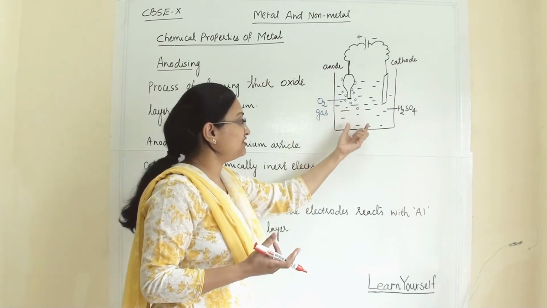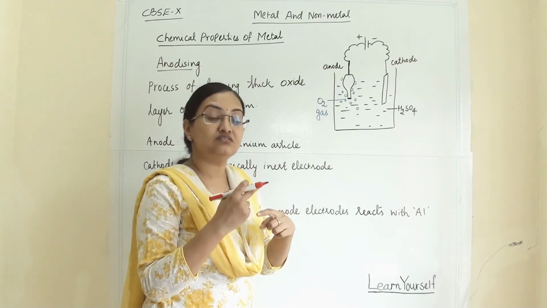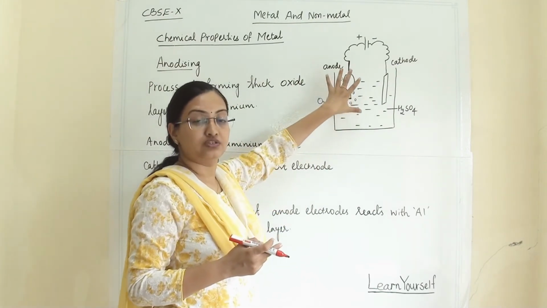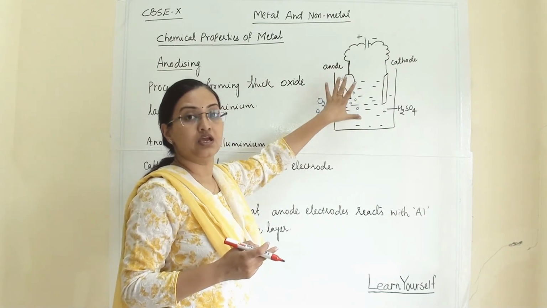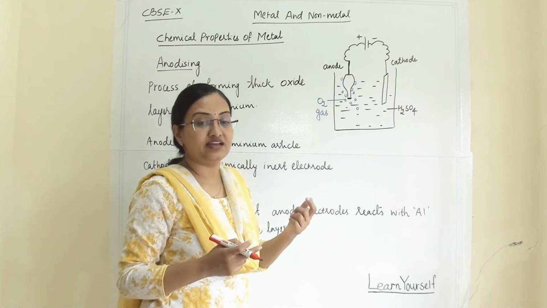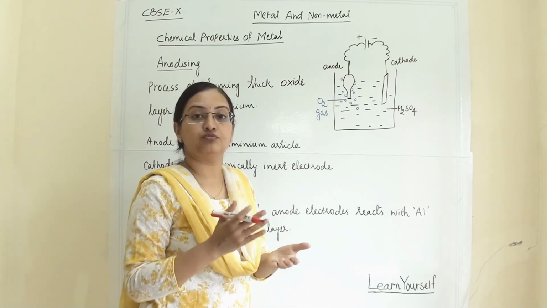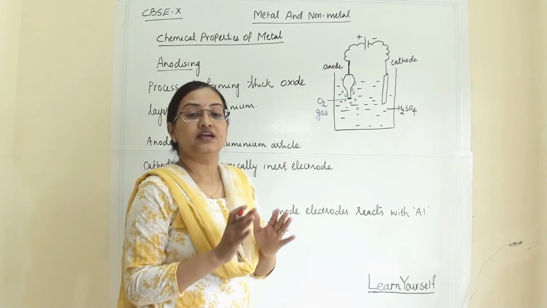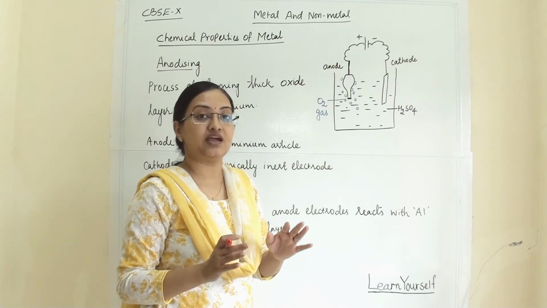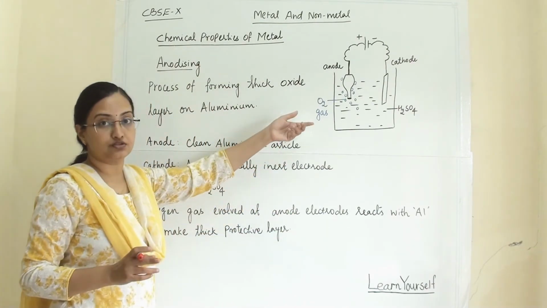After this process ends, the article will be covered with a thick aluminium oxide layer and will be protected from atmospheric oxidation and atmospheric moisture, and its shine will remain as it is for years together. Further we can paint it also.